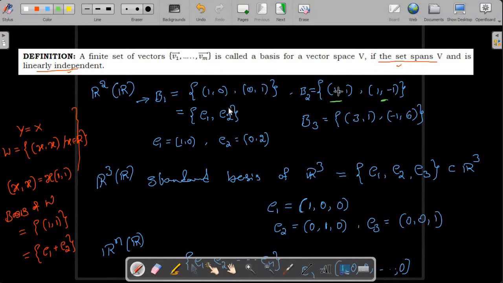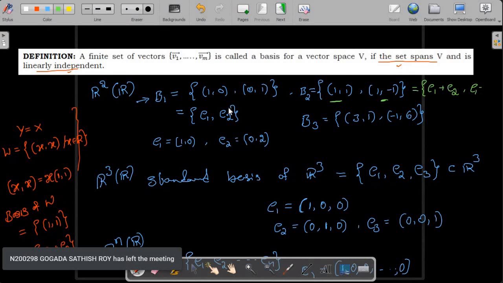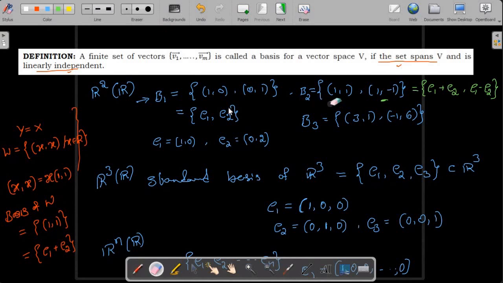So let me express this element (1, 1) as a combination of E1, E2. Let me rewrite it here. This one can be written as E1 plus E2, isn't it? And the other one is nothing but E1 minus E2. And this gives you some interesting result.